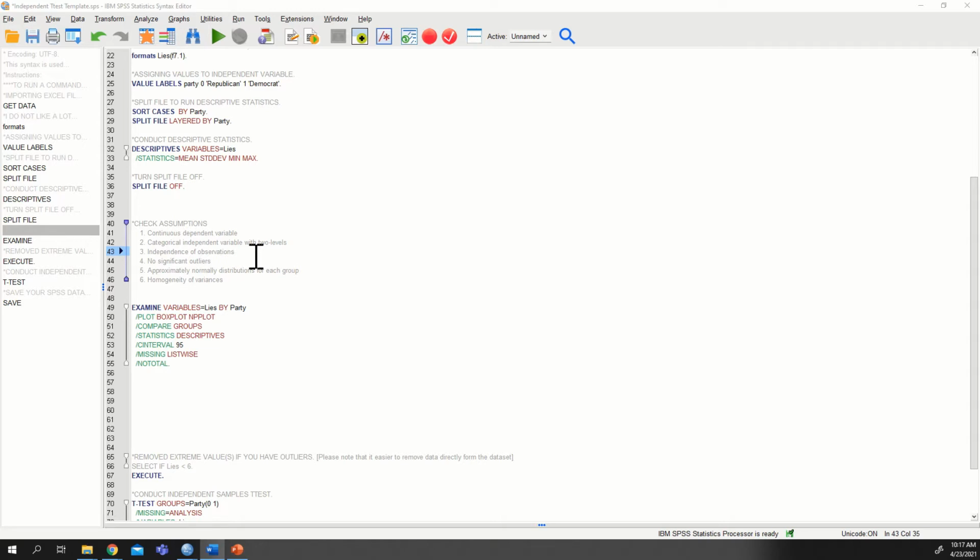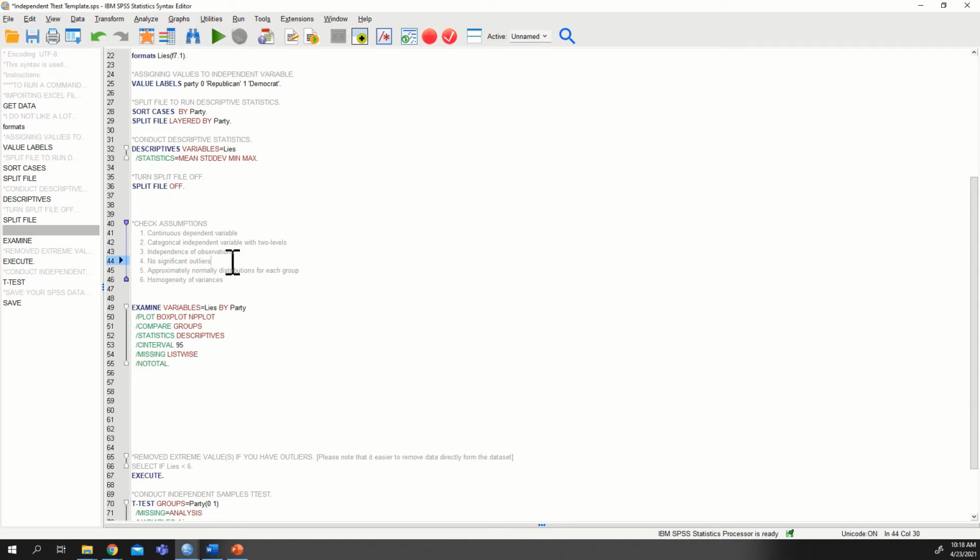In my example, what I'm saying is that the people who identify as Democrats are not saying they're Republicans and lying, and people who are Republicans are not saying they're Democrats and lying. So the two groups that I'm looking at, Republicans and Democrats, are different and do not cross over to influence the measure of the dependent variable.